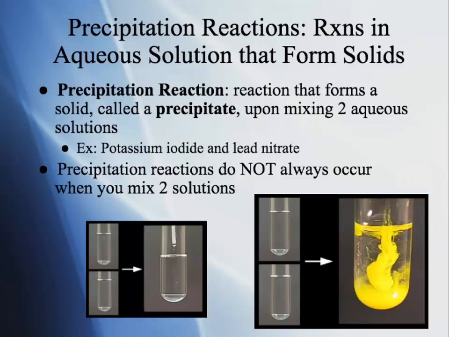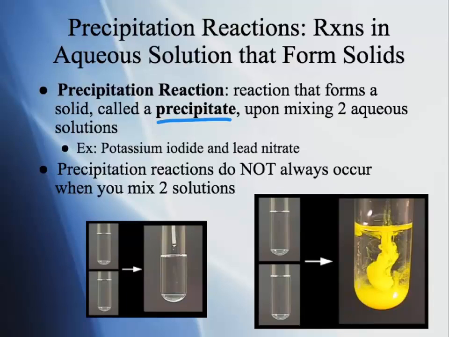All right, so let's dig into the types of chemical reactions. In this lecture, we're going to focus on classifying these chemical reactions via chemical phenomena that we see. The first one we're going to talk about is the precipitation reaction. Precipitation reactions are reactions that form a solid, and the solid we call a precipitate, when we mix two aqueous solutions.